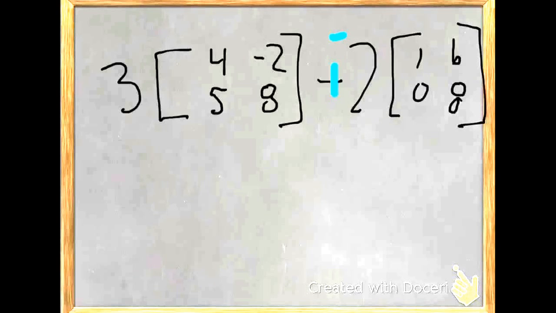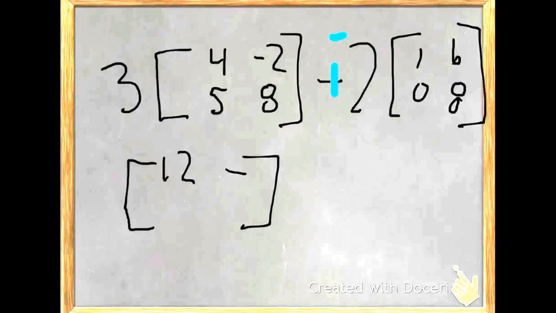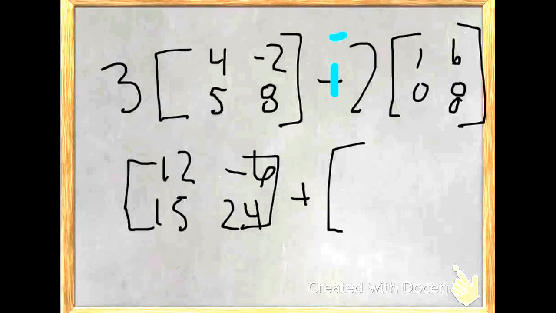So 3 times 4 for this first table is going to be 12. 3 times a -2 is -6. 3 times 5 is 15. And 3 times 8 is 24. Then we're going to add to that a -2 times 1, a -2 times 0, a -2 times 6, and a -2 times 8.